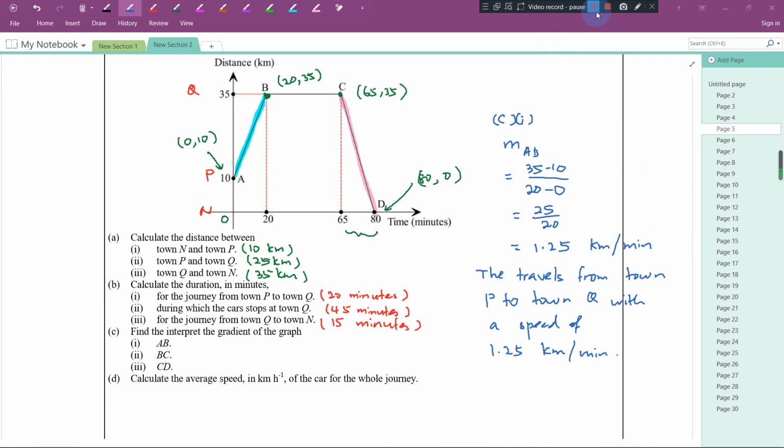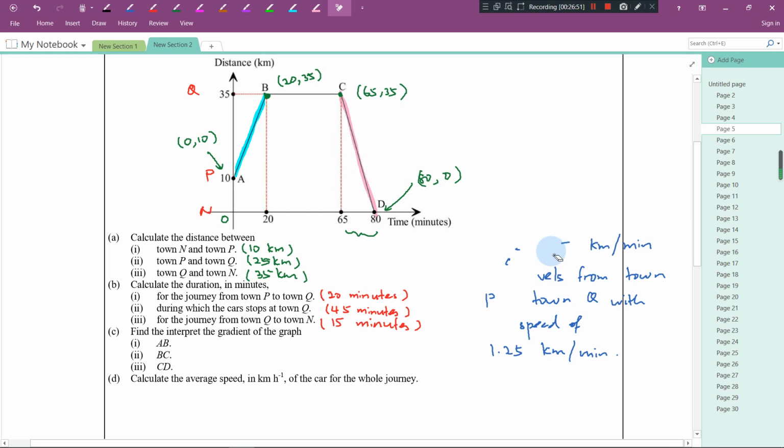Okay, so this speed means that every minute the car travel 1.25 kilometer. Okay, so we do the same thing for BC and CD. Okay, I forgot to write the car here. The car travel from town P to town Q with a speed of 1.25 kilometers per minute. Okay, let me erase this one.